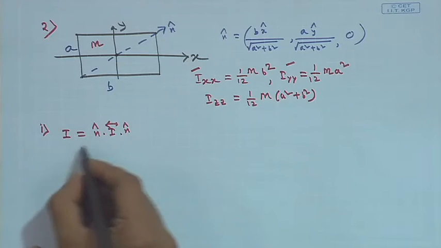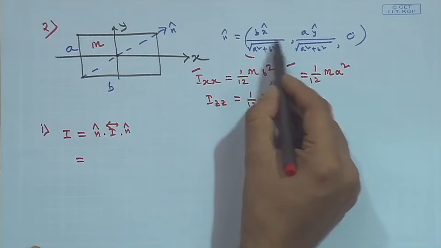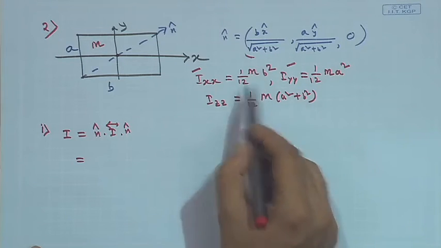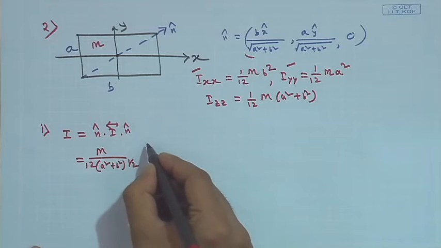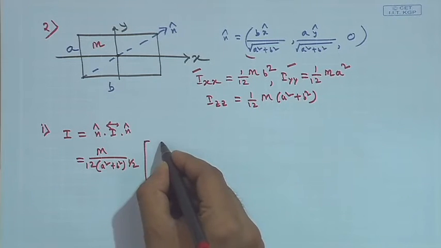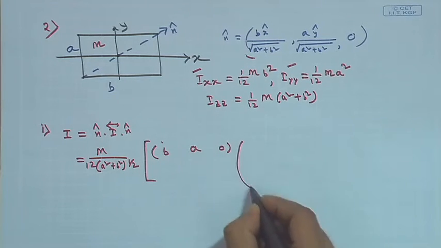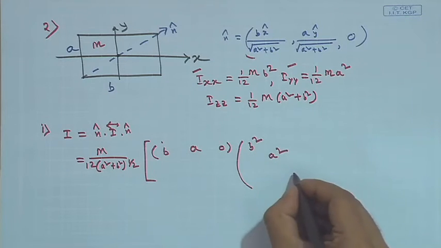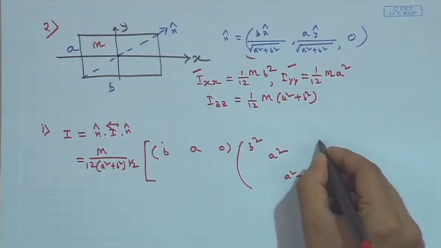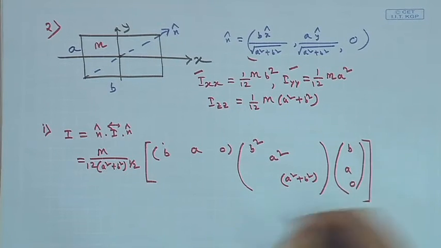In order to calculate this projection, we can take out m by 12 a square plus b square to the power half common, and inside we have b a 0, b square, a square, plus b square, b a 0, right.